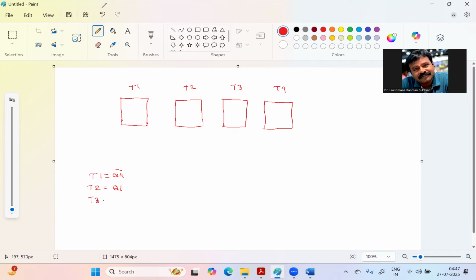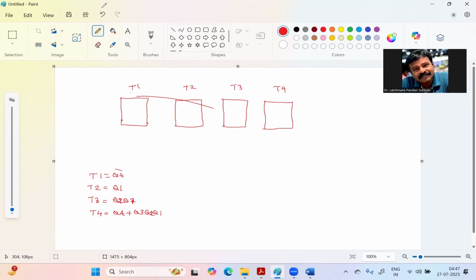Then T3 equal to Q2, Q1, T4 equal to Q4 plus Q3, Q2, Q1, right? Okay.